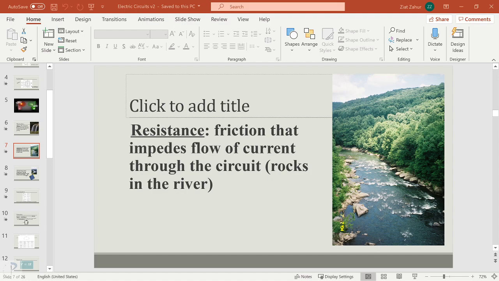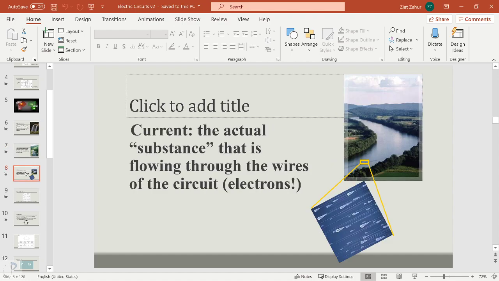The last thing is called the current itself. The current is the flow, the actual thing that is moving. In the river, you have water molecules moving. In our circuit, we have electrons that move. Realistically, electrons are what's moving.